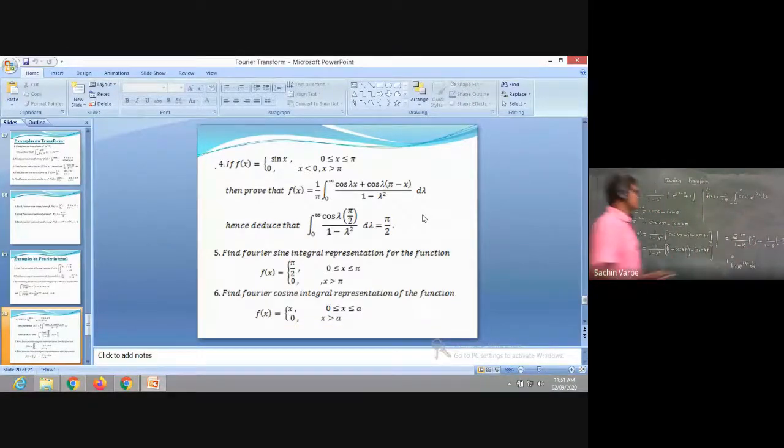All right. Substitute f of lambda there. So 1 upon 2 pi integral from minus infinity to infinity, f of lambda is 1 upon 1 minus lambda square into 1 plus cos lambda pi minus i sine of lambda pi, and integration with respect to lambda d lambda. Check.